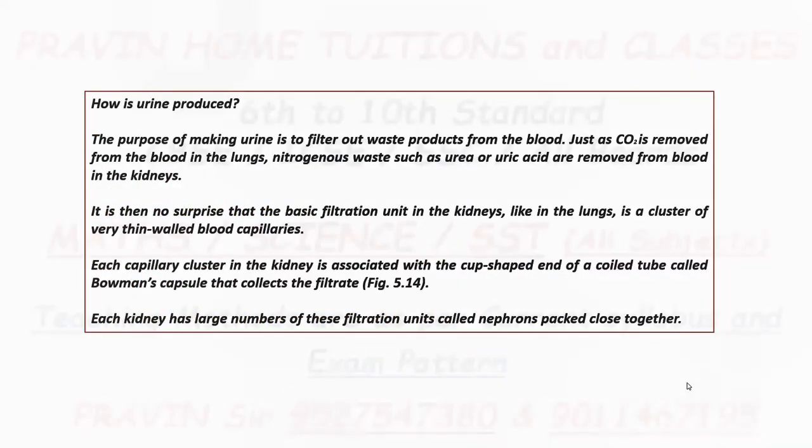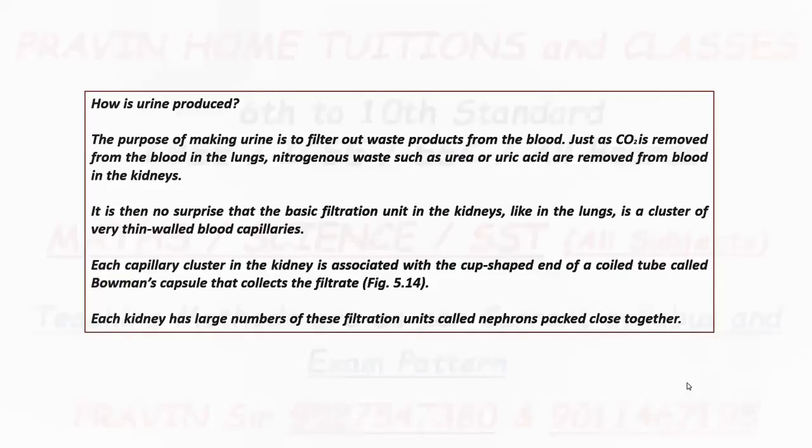How is urine produced? The purpose of making urine is to filter out waste products from the blood. First, CO2 is removed from the blood in the lungs. Nitrogenous waste such as urea and uric acid are removed from the blood in the kidneys, and what remains is nothing but urine.